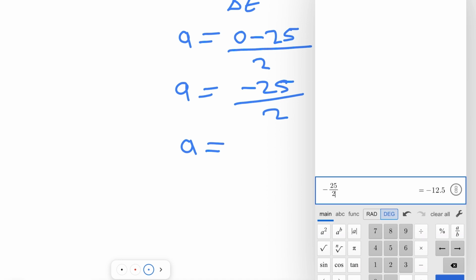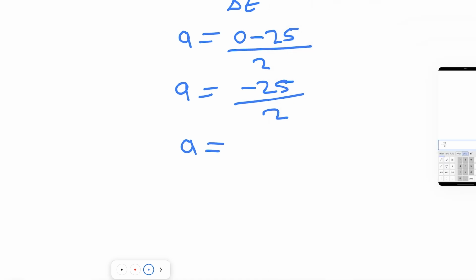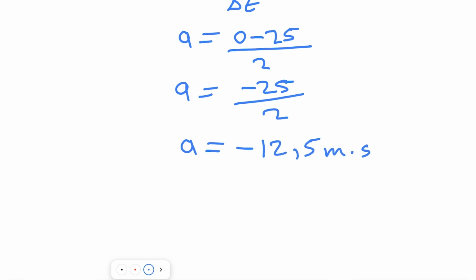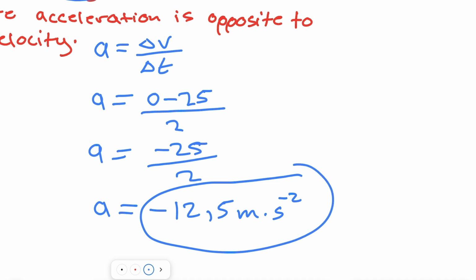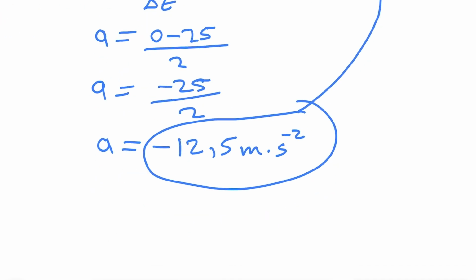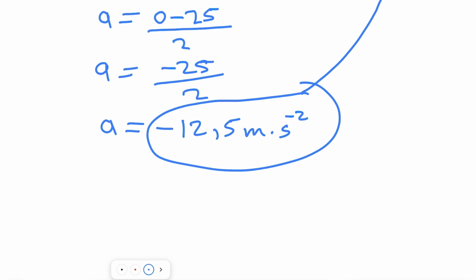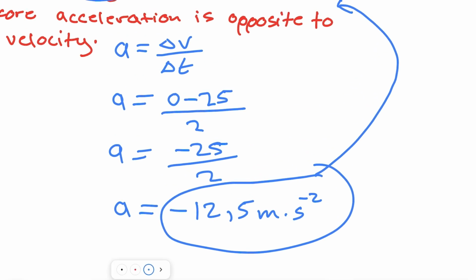Our answer is negative 12.5 meters per second squared. With this, we have shown that the taxi experiences negative acceleration because the direction of the acceleration is negative. Therefore, it acts opposite to the velocity of the taxi.